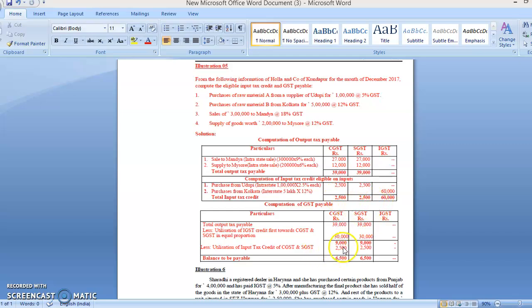That can be utilized now to pay the CGST and SGST 9,000 tax. By setting off these input tax credit 2,500 each, still balance remains 6,500 CGST and 6,500 SGST, which has to be paid by the company in the form of cash.